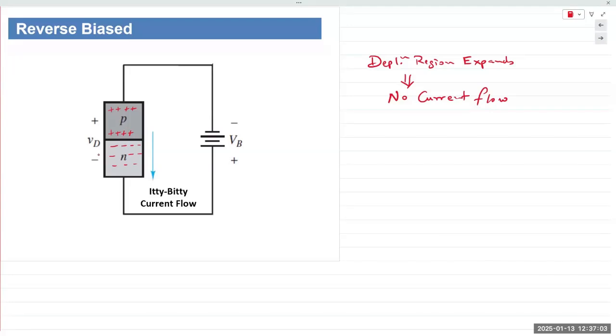The only current flow that takes place is due to minority carriers. So I'll talk about that a little bit.